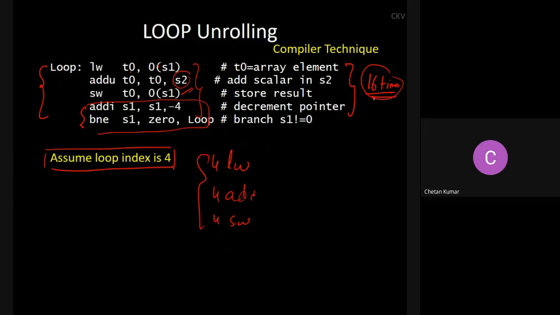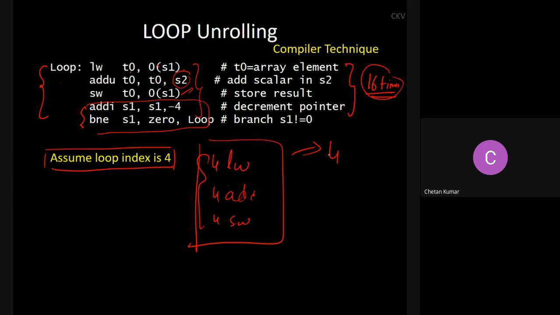So it is supposed to be done 16 times for 16 different memory locations. If I say loop index is 4, I'll replicate these statements 4 times. But then how many times should this entire group execute now? It should execute 4 times, because individual instructions are replicated 4 times and the whole loop is supposed to run 16 times.